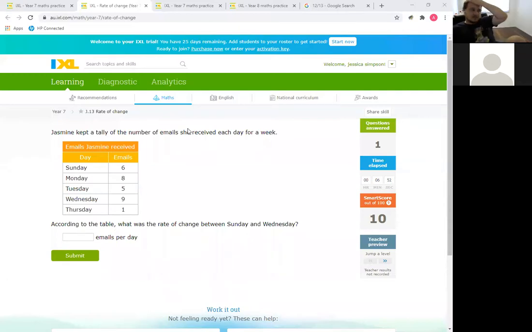So again, we'll look at this table here. Harrison or Ryan, what is the rate of change between Sunday and Wednesday in the number of emails written per day? So Sunday, there's 6.